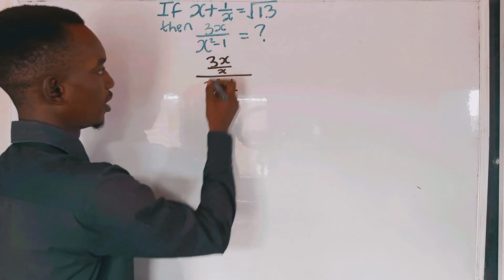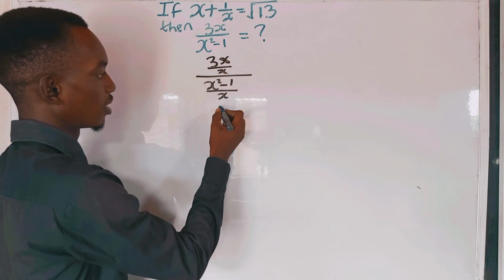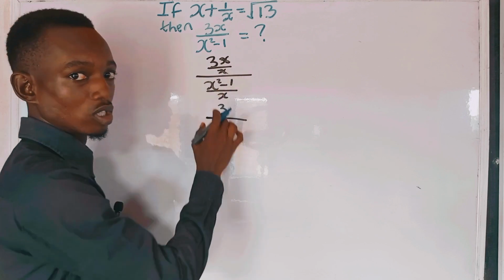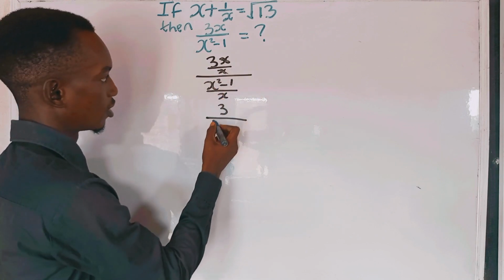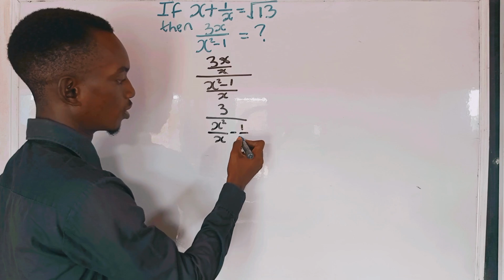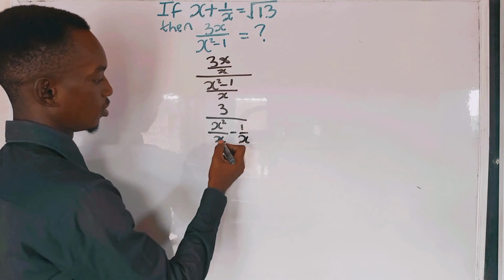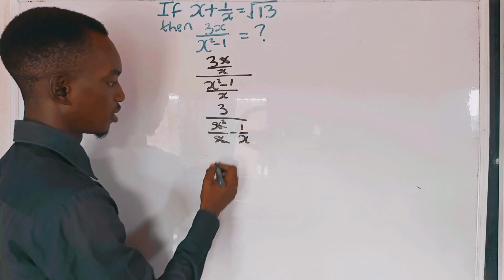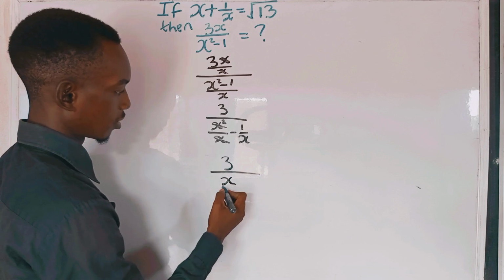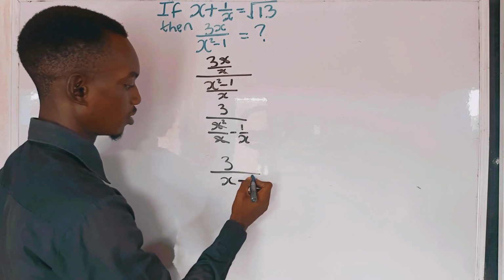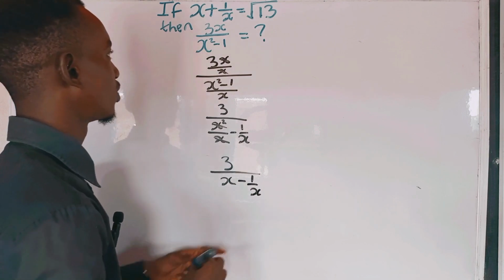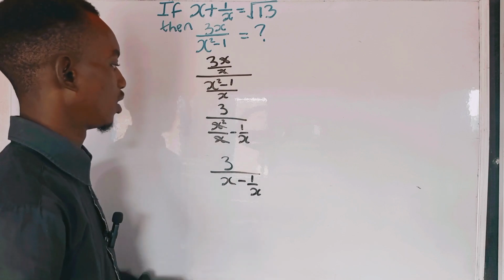By simplifying here, x cancels x, we're left with 3 all over, and because this x is a common denominator, we can split it, so we have x squared all over x minus 1 all over x. So this x can cancel one of these, then we have 3 over x minus 1 all over x. As simple as that. Now I've gotten rid of the square, and I've introduced the fraction here.